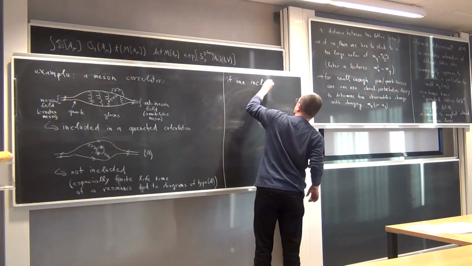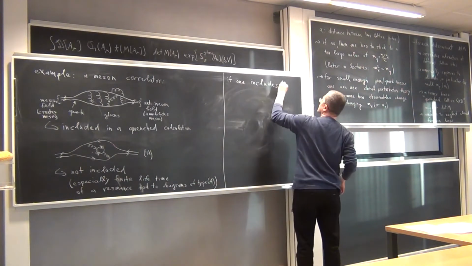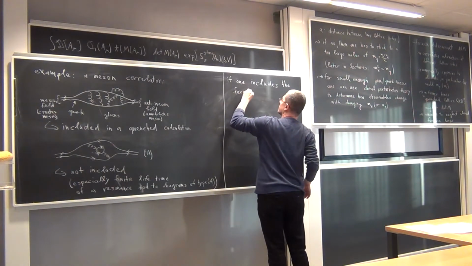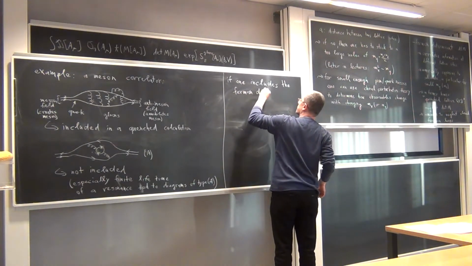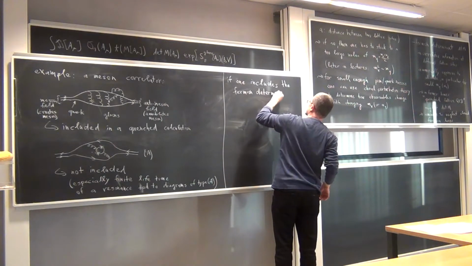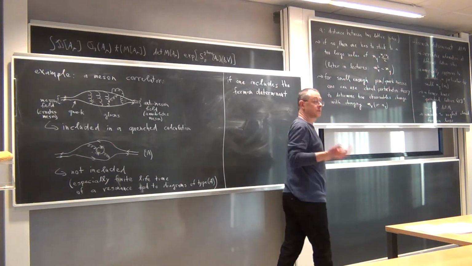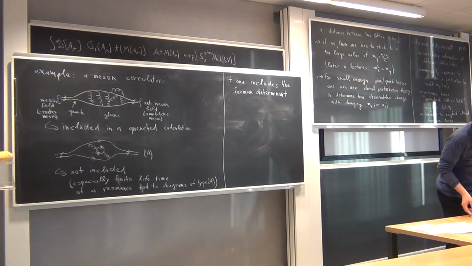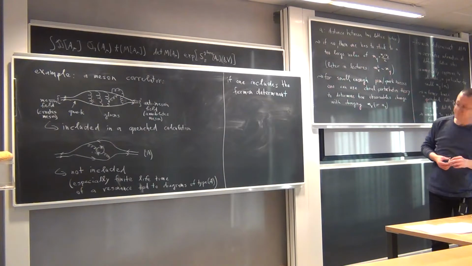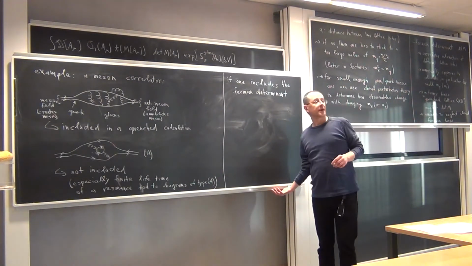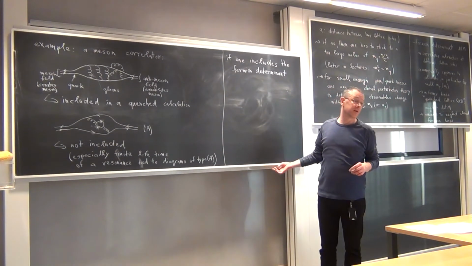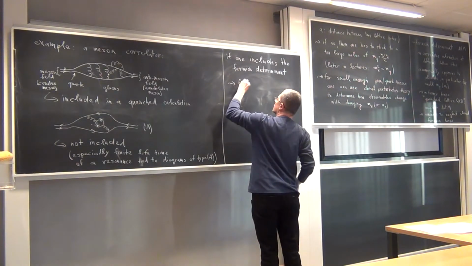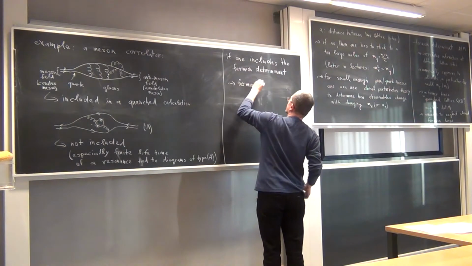So if one includes the fermion determinant, again, this is something you want to do, of course. So this is what one calls unquenching. One actually picks up another problem, and this goes under the name of the fermion doubling problem.